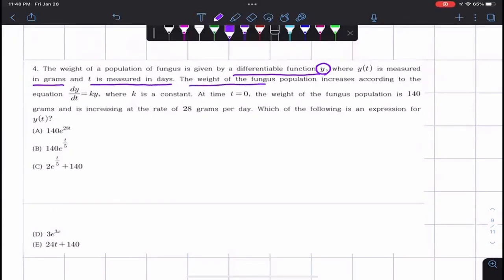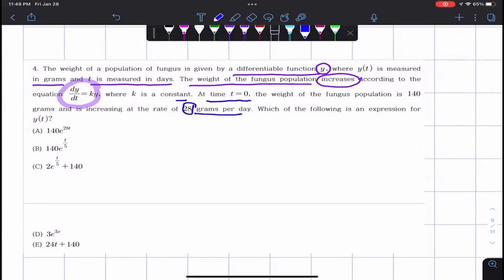The weight of the fungus population increases according to the equation dy over dt equals k times t, where k is a constant. At time t equals 0, the weight of the fungus population is 140 grams and is increasing at a rate of 28 grams per day. Which of the following is an expression for y(t)?